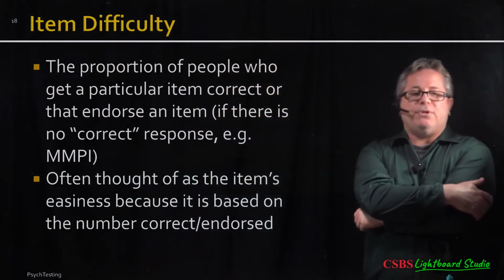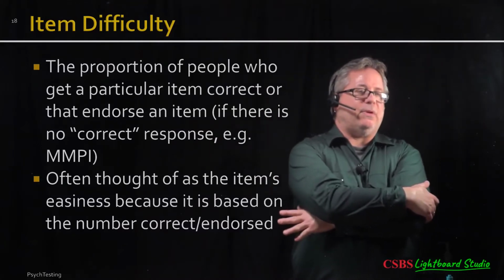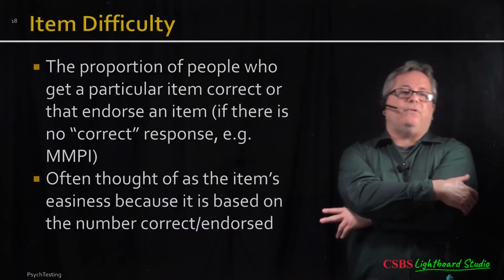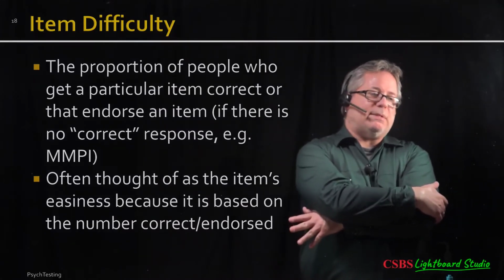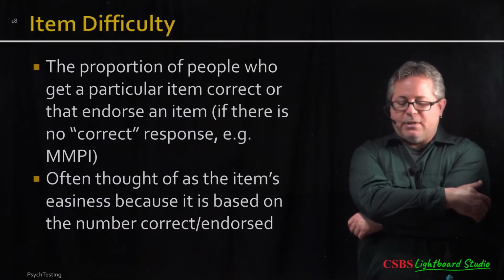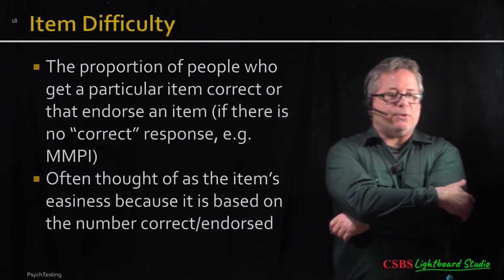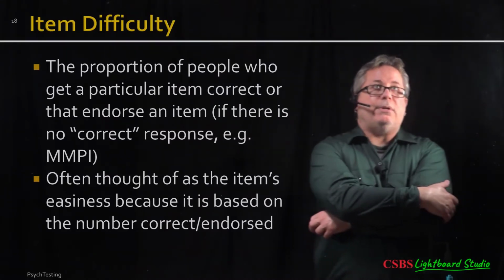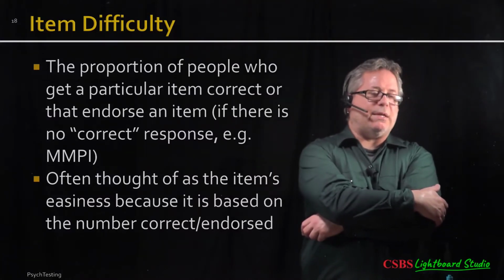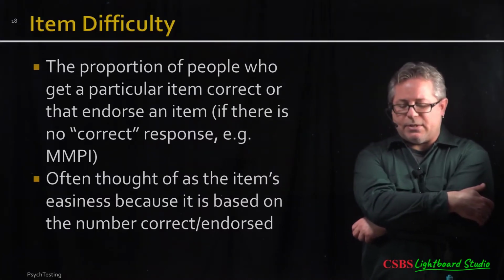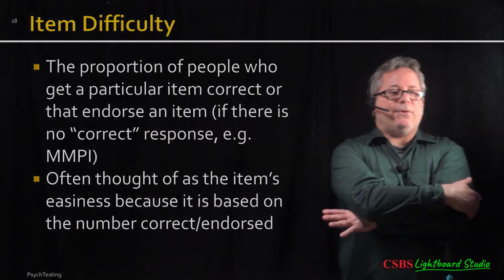So if there is no correct response, we ask, what's the likelihood someone will endorse the item? Easier items have more endorsement by participants. More difficult items have less endorsement. On a lot of depression inventories, questions about suicide ideation or suicide attempts tend to be very difficult items.